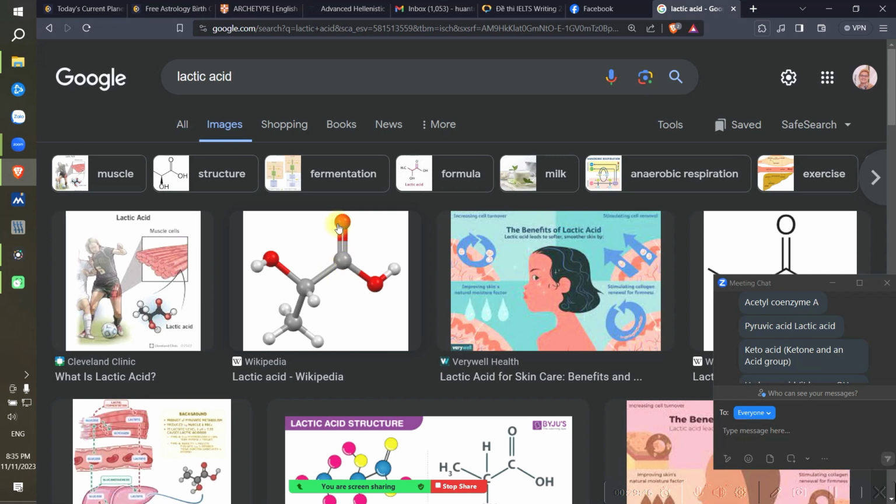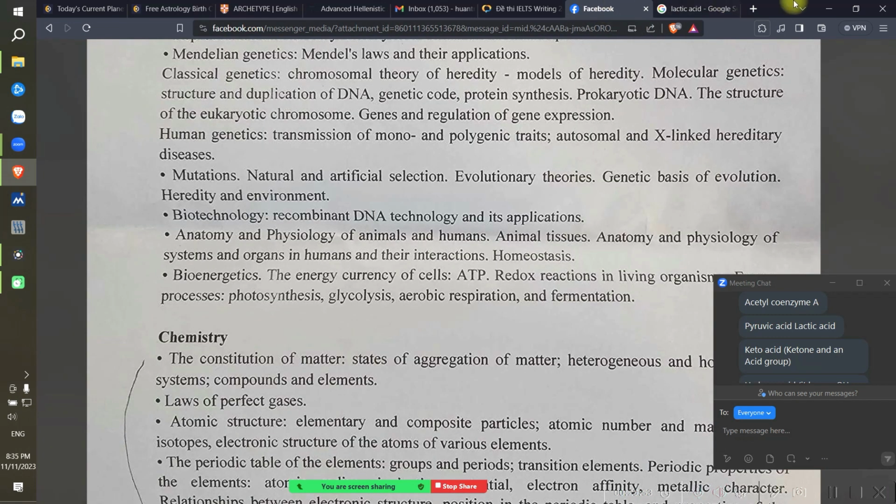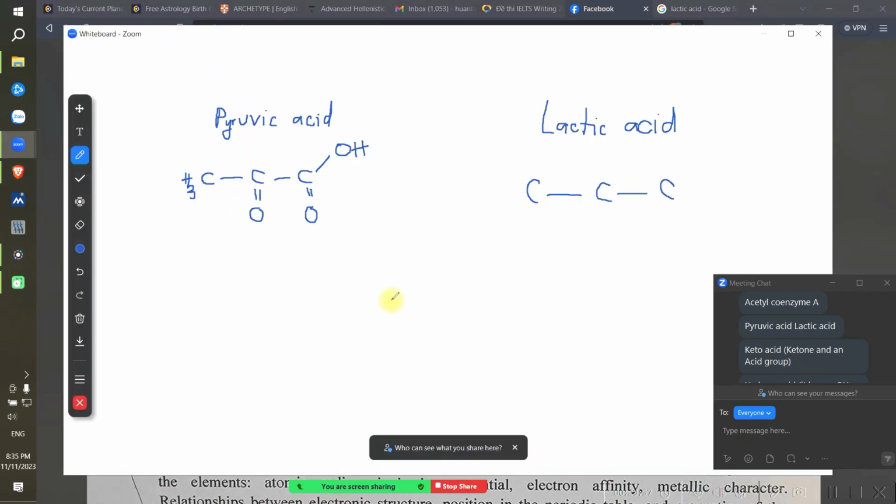Here you can see the COOH acid group, and the hydroxy is right in the middle. So acid group here and hydroxy right in the middle, isn't it? And you fill in the missing hydrogens. It's that simple, right?